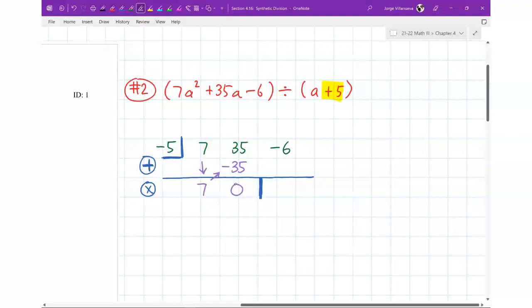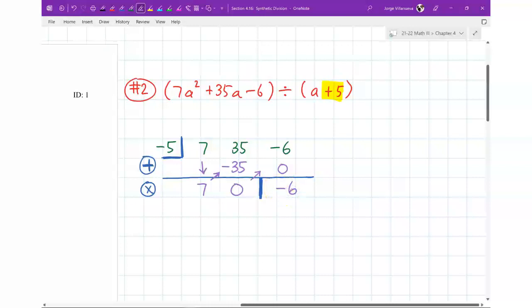All right, cool. Now remember, the numbers on the bottom get multiplied by the number in the half box. So what's 0 times negative 5? 0. And then if I add negative 6 plus 0, I get negative 6.